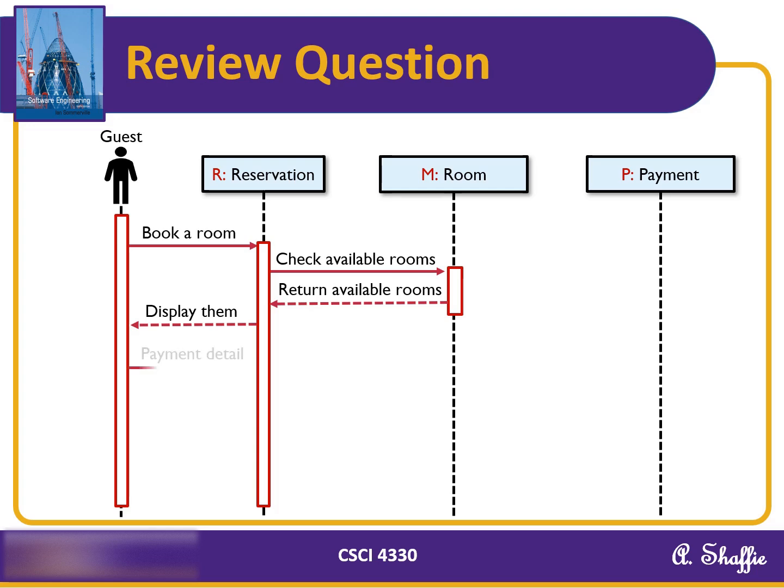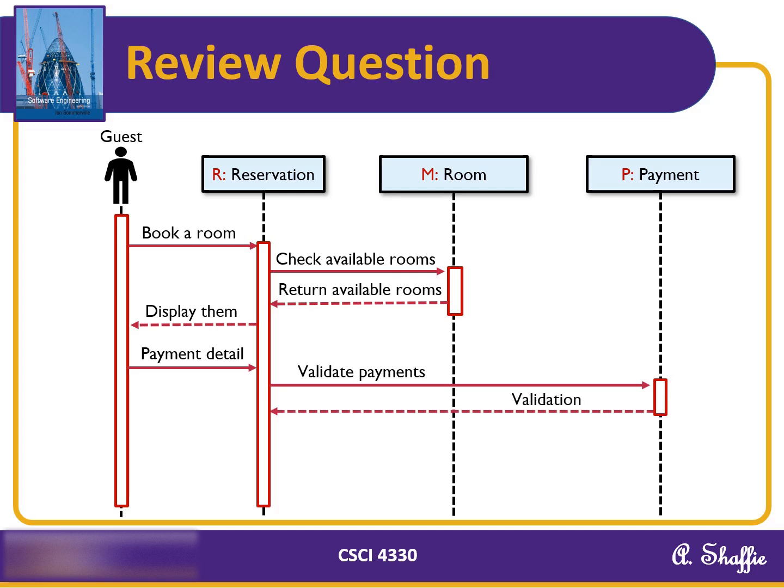Next, the guest will select a room and send their payment details to the reservation object. The reservation object will forward these details by invoking the validate payment method on the payment object. Once the payment is processed, the payment object returns the validation result, shown with a dotted return line.